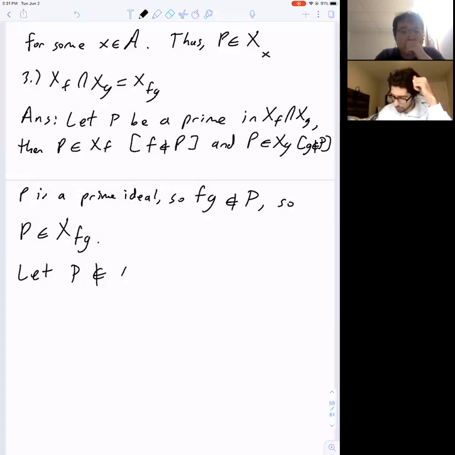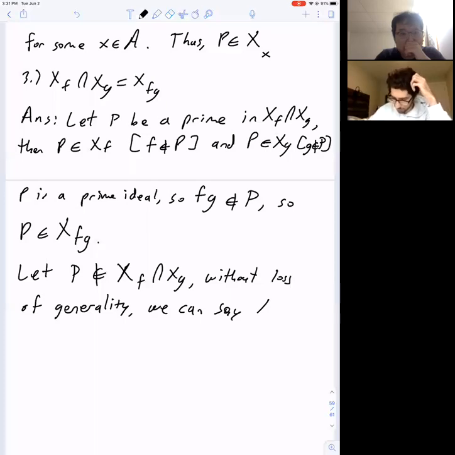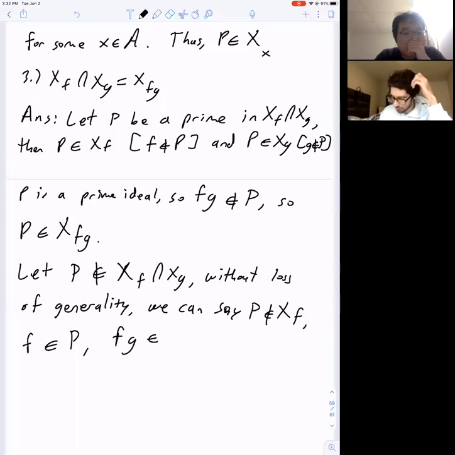Then without loss of generality, P is not contained in X sub f, so f is an element of P. So that means fg is an element of P, and so P is not an element of X sub fg. So we have a nice behavior of the intersection of open sets.